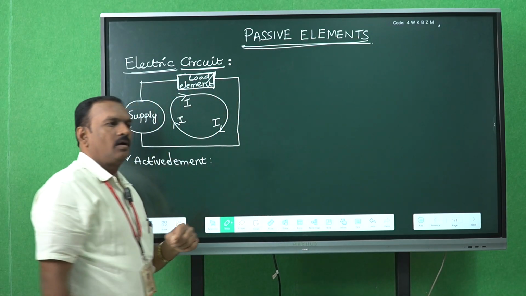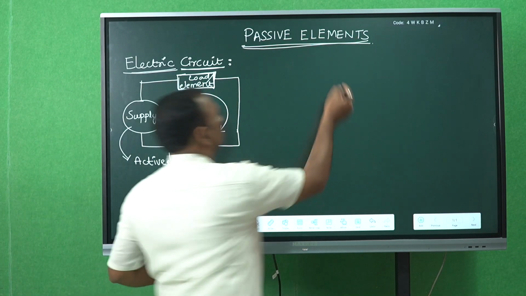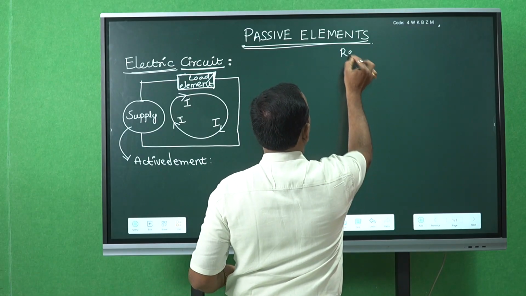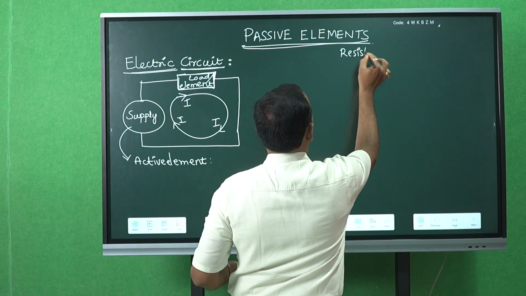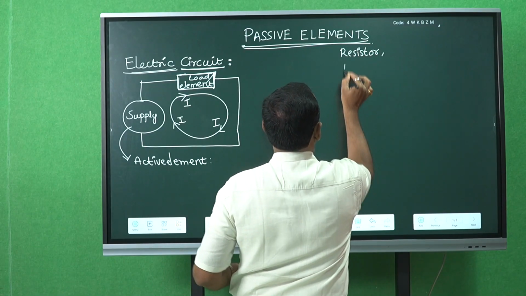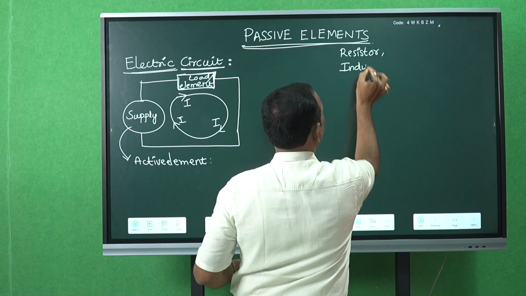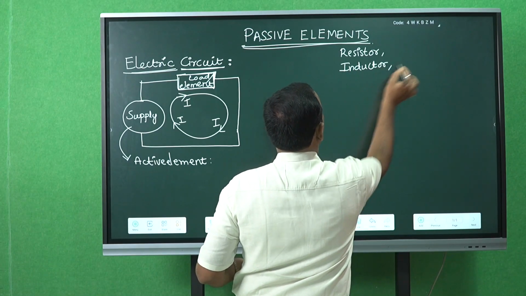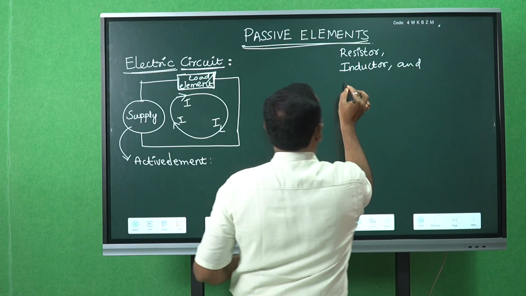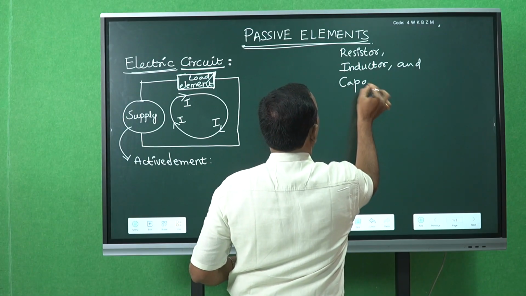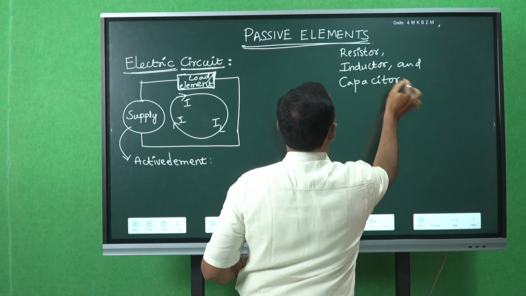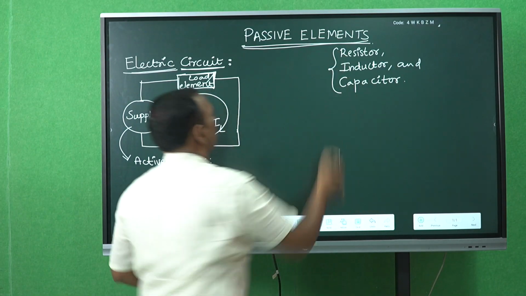Passive elements means resistor, inductor and capacitor. These are the passive elements.